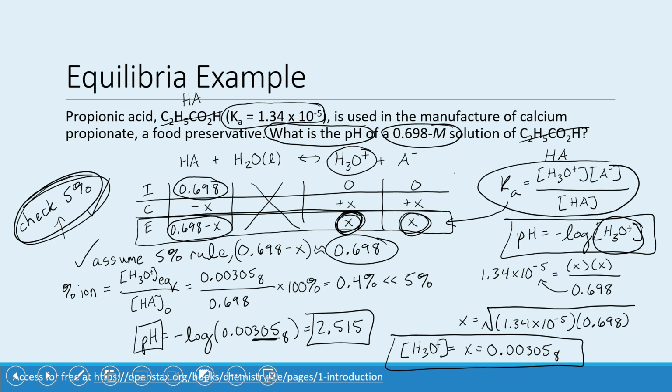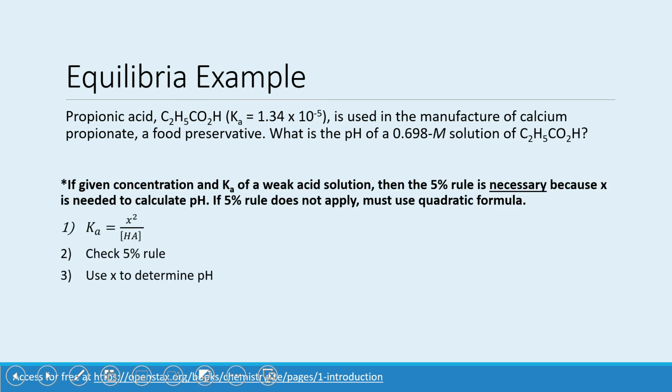All right. So just to summarize what we've done, if you are given the concentration and the Ka value, this is different than the first example we did where they gave us the pH.